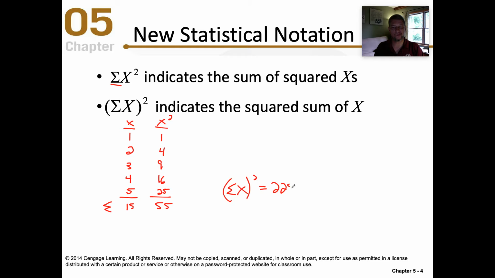All right, 15 times 15. Now, notice that there are three very different terms here: the sum of x, the sum of x squared, and then the sum of x quantity squared. Just keep those three distinctions in mind when we get into calculating the standard deviation and the variance.